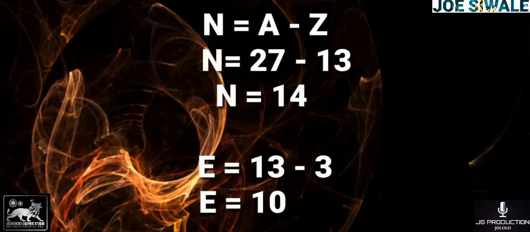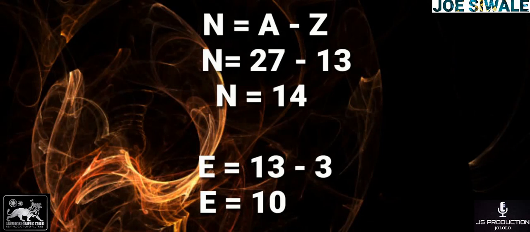So 27 minus 13, that's 14. So my neutron number is 14. Then to calculate the electron number, I've been told that this is an aluminium ion and it's going to lose 3 electrons. So I'll say 13 minus 3, and I'm having 10.